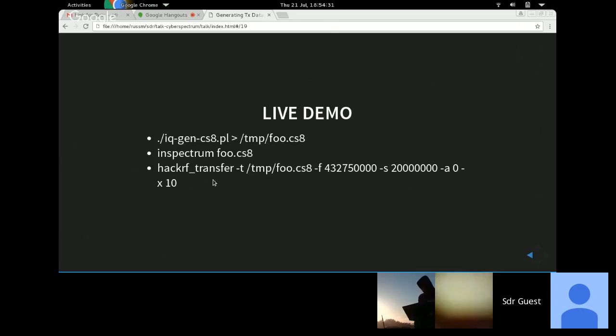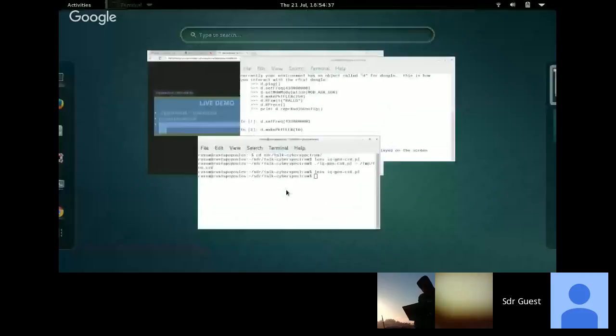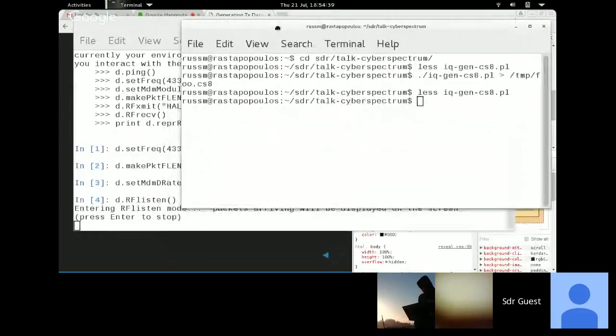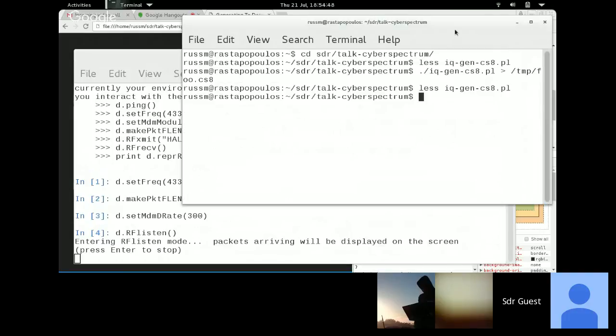And in order to transmit it, so down here, we've got for that transmission, that's this little dongle over here, which you probably can't see.